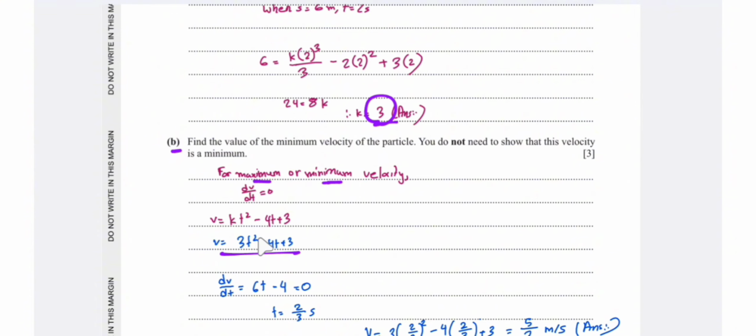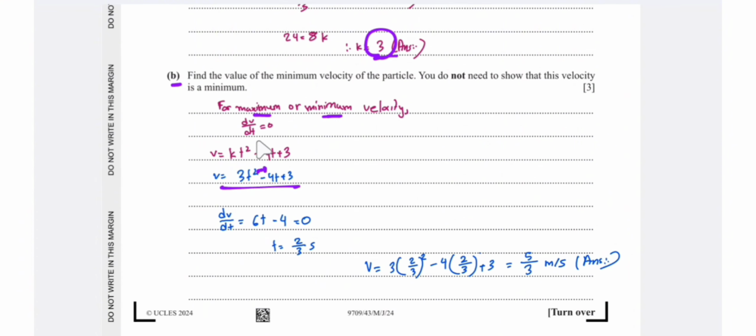Now dv by dt is equal to 3t square, so 2 into 3, that is 6t, so 6t minus 4 is equal to 0, because at maximum or minimum value, dv by dt is equal to 0. So we equate this to 0 and find the value of t. Now after substituting the value of t in the equation of velocity, we find the velocity as 5 by 3 meter per second.